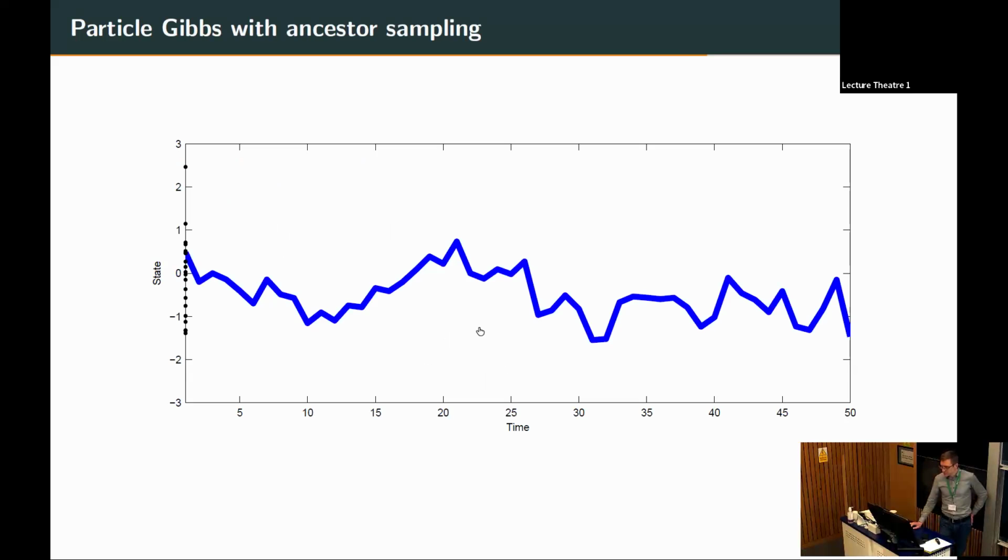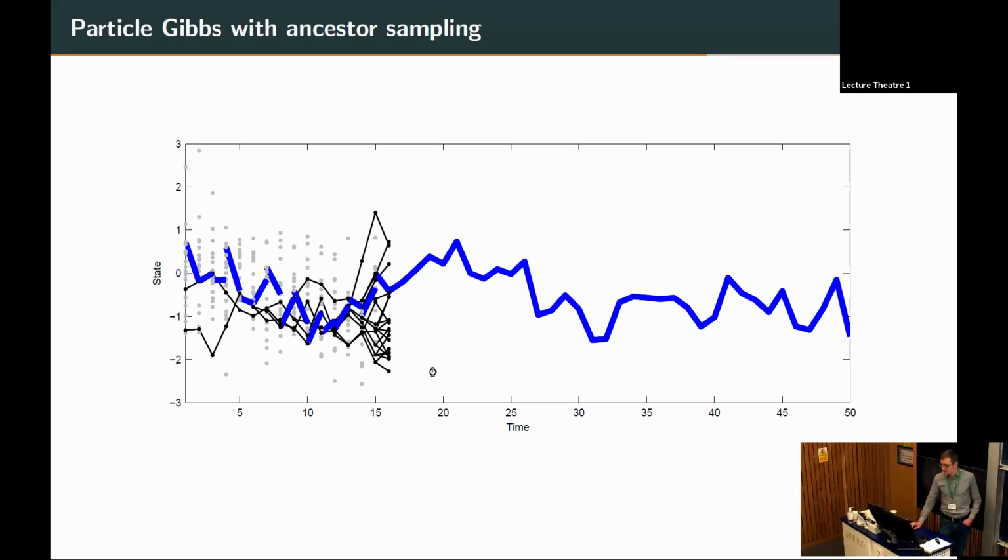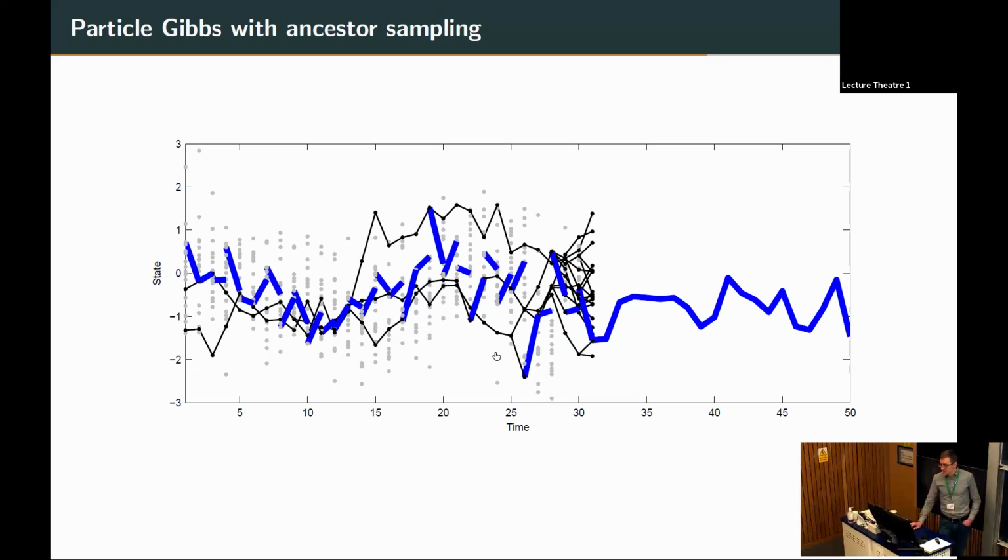So what effect does this small modification of the algorithm have? Well, if we have the same example as before, we have a reference trajectory in here, and then we run the conditional particle filter with ancestor sampling. We instead get something like this. As you can see in this illustration, what happens is that we break this reference trajectory into pieces.